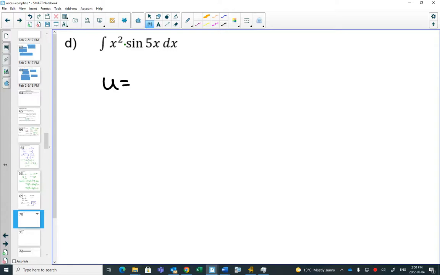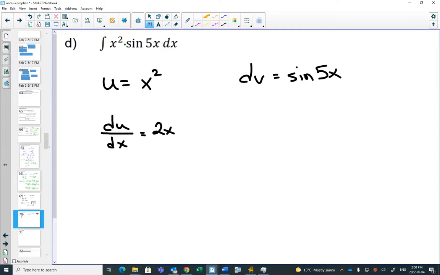So I'm going to make my u x squared and my dv sine 5x, because this is similar to what we've done in the past. But the extra squared causes us a little bit of a problem, because when we do du dx, we're going to get 2x, and so du is 2x dx.